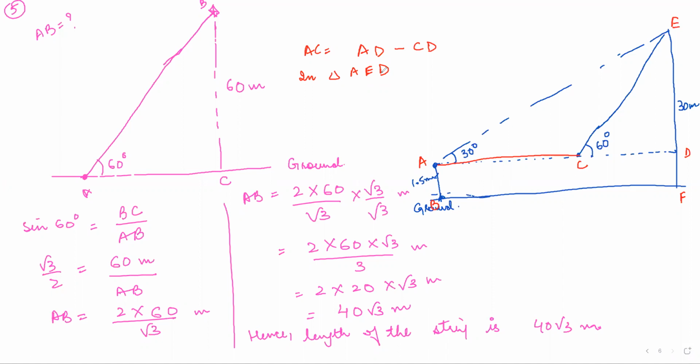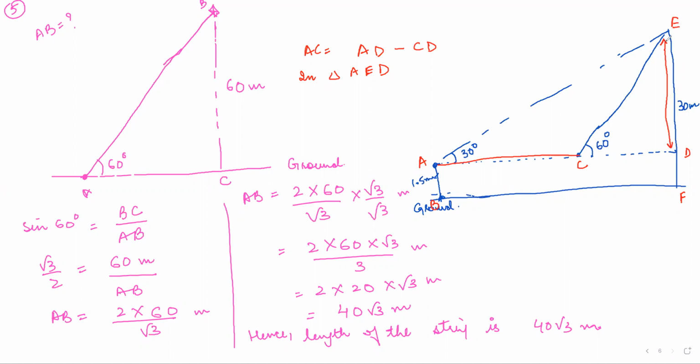Look very carefully. I'm taking triangle ADE. That means only this much length I need. Only this much. And 30 is the total height of the building from the ground. The building is not standing in the air. It is reaching till F on the ground.